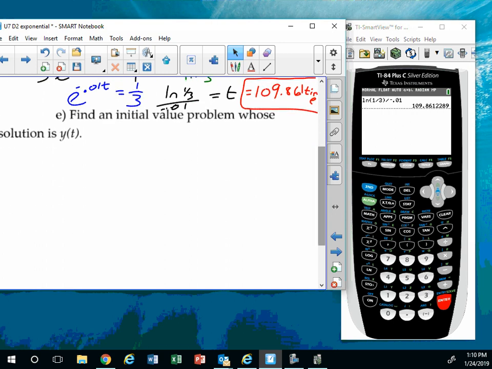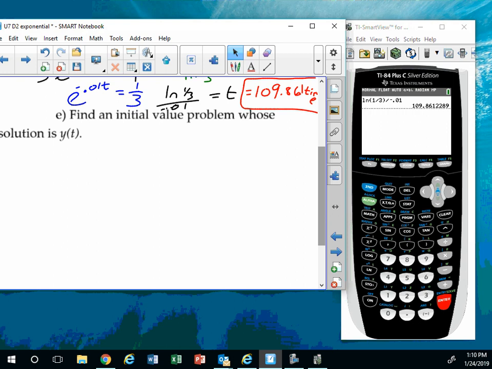Find the initial value problem whose solution is y of t. So again, ladies and gentlemen, let's think back to what we started with. The very first one that we did with exponential growth and decay was an initial value problem.